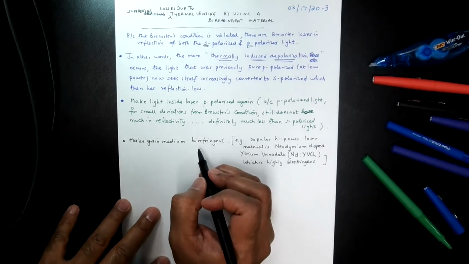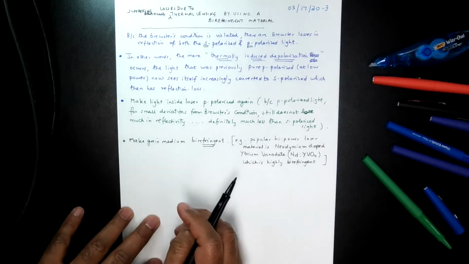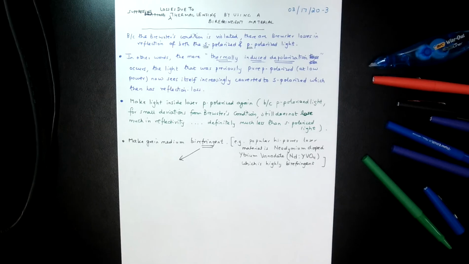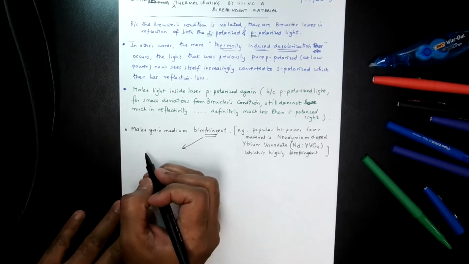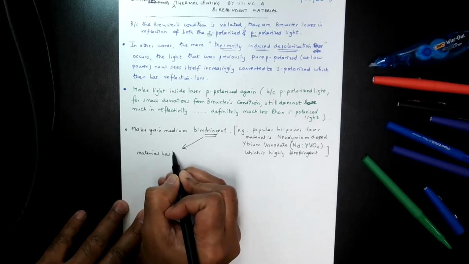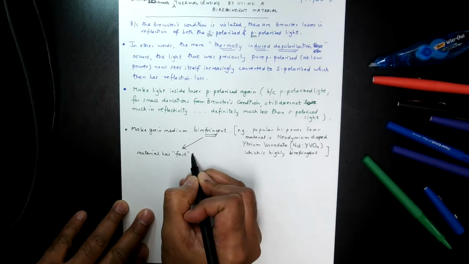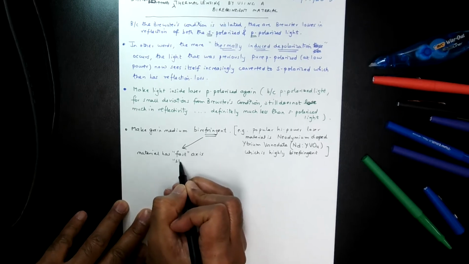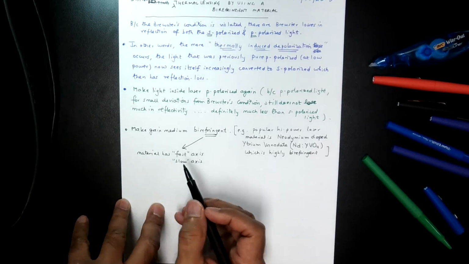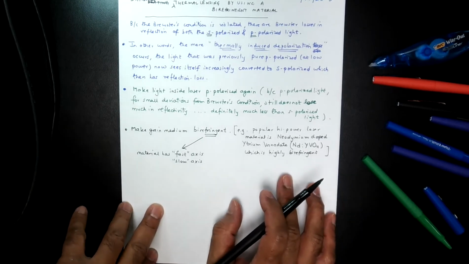But anyway, how does this fix the problem? Well, if you recall what birefringence means, the material has a fast axis and a slow axis. And what does that mean? Remember, the S and the P polarizations are orthogonal to each other.